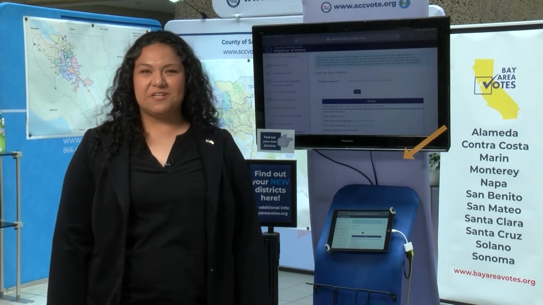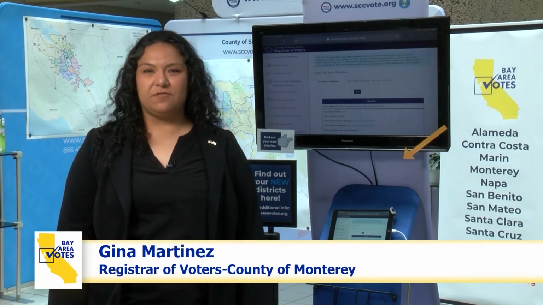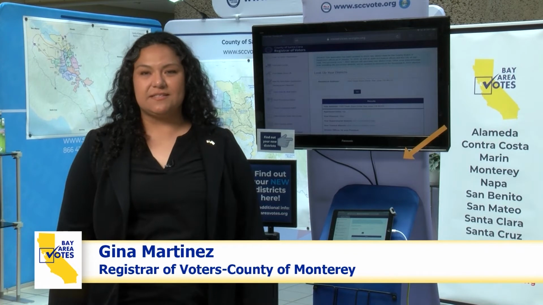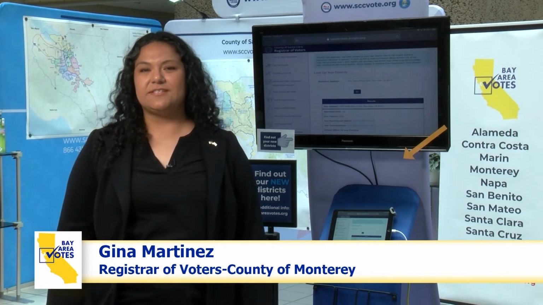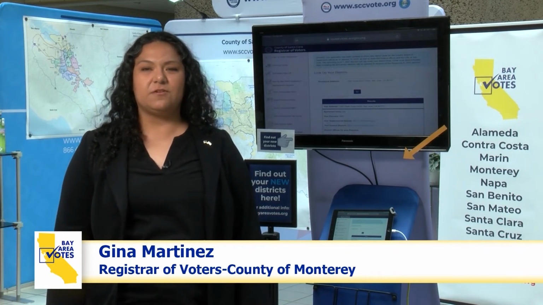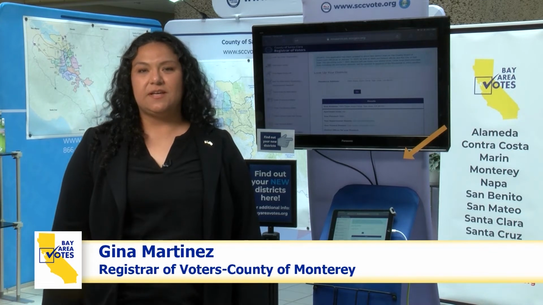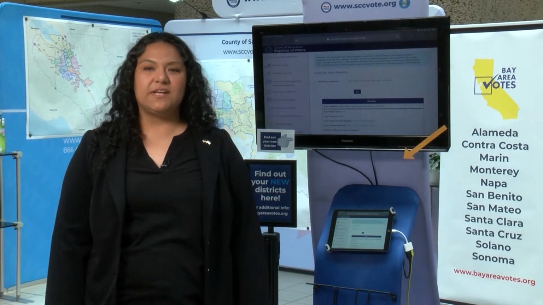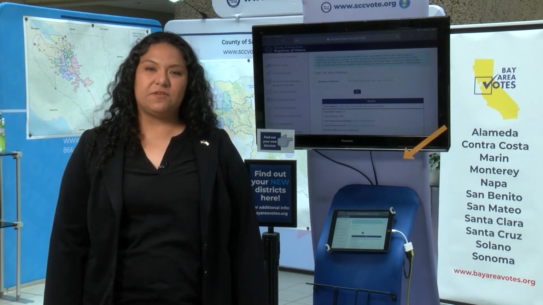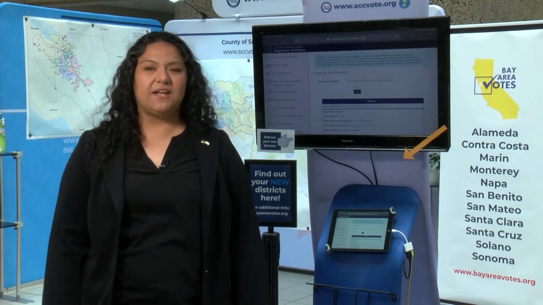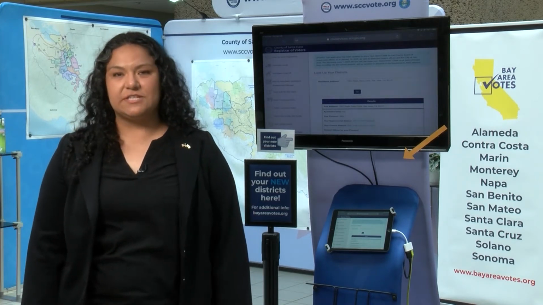Hi, I'm Gina Martinez, Monterey County Registrar of Voters. The results of the census also affects which language assistance counties are required to provide for voters at their voting locations. Section 203 of the Federal Voting Rights Act uses census data to review how language assistance is provided in state and local jurisdictions.